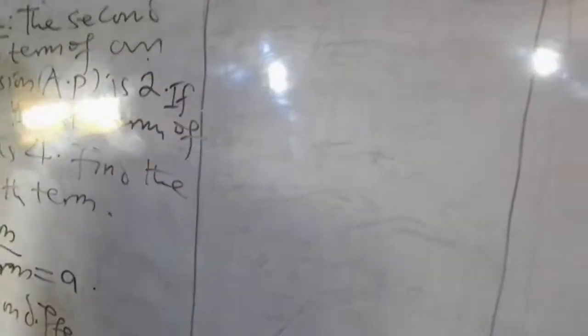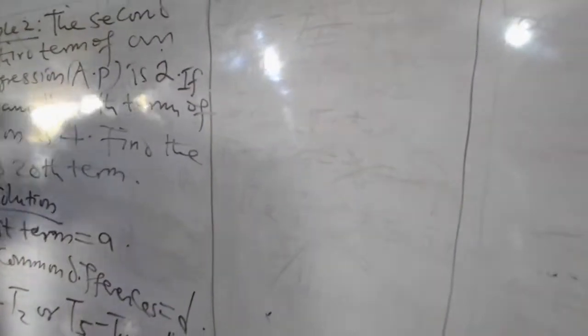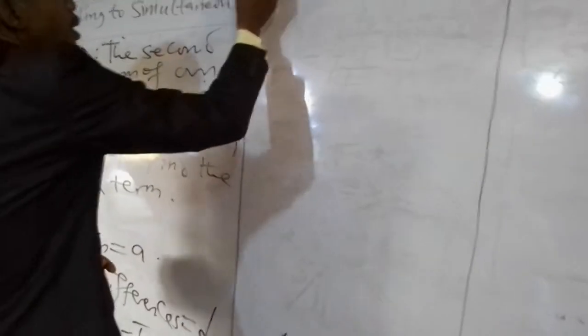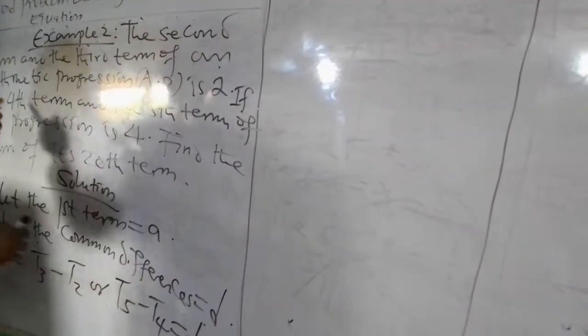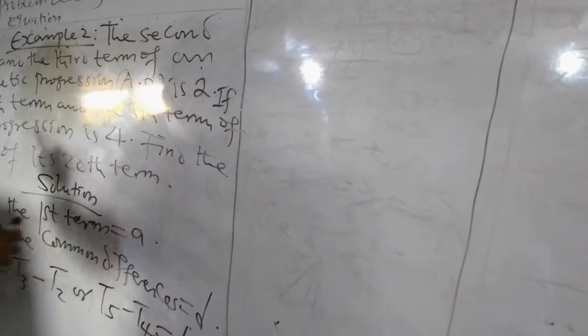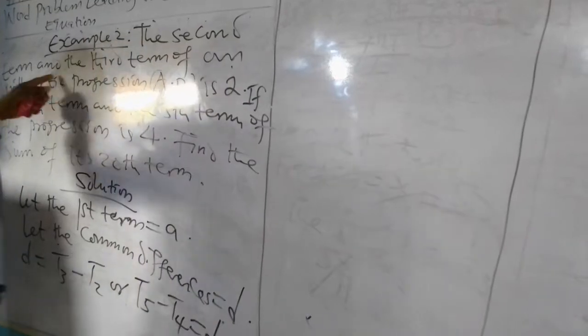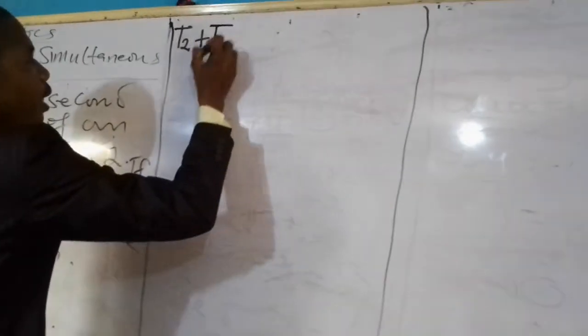In this case, what do we do? The second term, T sub 2, and the third term, T sub 3, will be equal to 2, according to what we are saying.